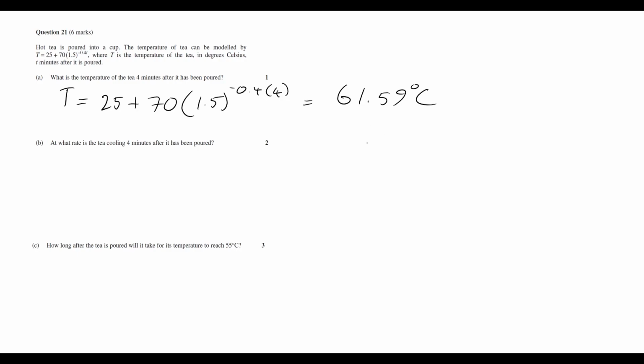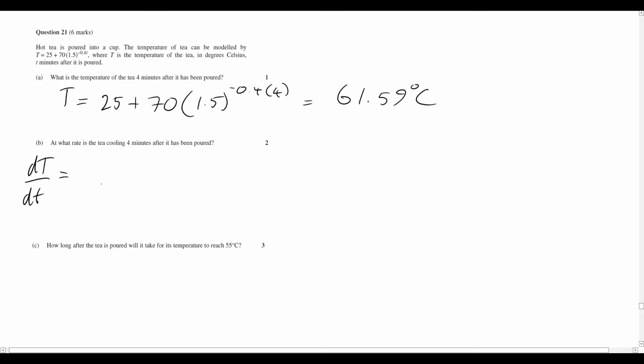Now for part B, at what rate is the tea cooling 4 minutes after it has been poured? So all that's realistically asking us to do is figure out our first derivative at the time where t equals 4. So let's quickly figure out our first derivative, and then we can make that substitution.